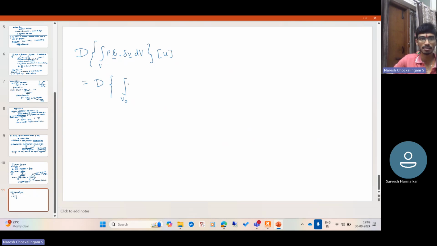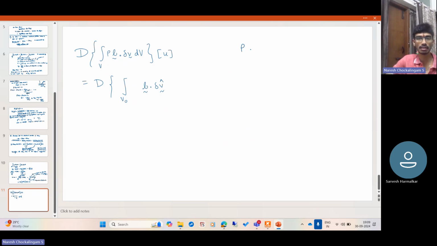Rho will become some rho naught, so I'll come to it. B is just specified, and this delta v, as I said, it will take the space reference description.